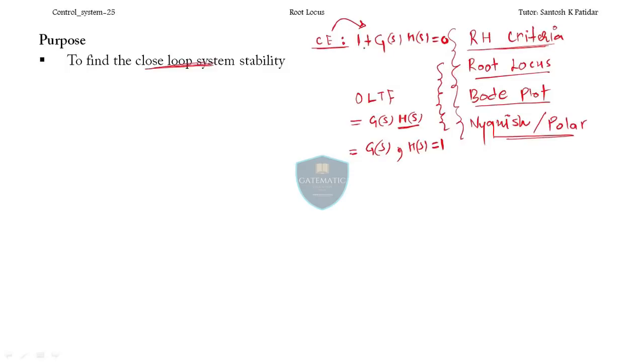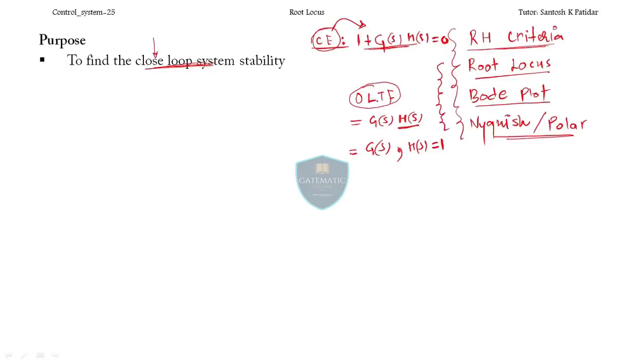For the RH criteria, we are taking the characteristic equation in consideration. For all these 3 techniques, we are considering the open loop transfer function. Now you people may have a doubt: sir, if you are finding the closed loop system stability, why are we considering the open loop transfer function? Friends, there is a magic.